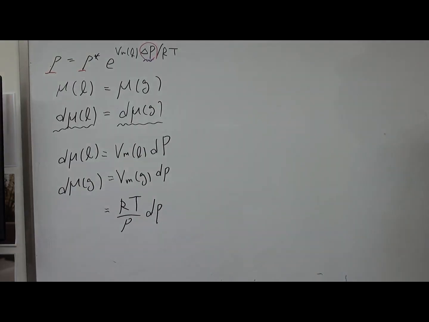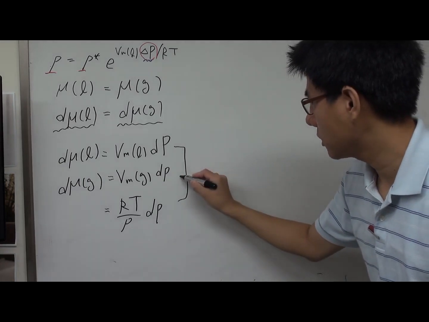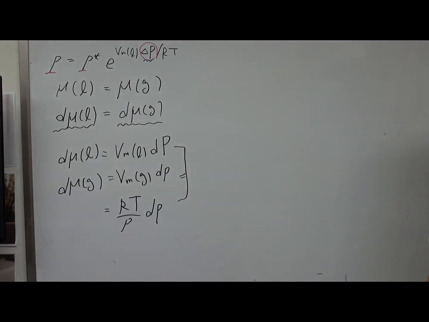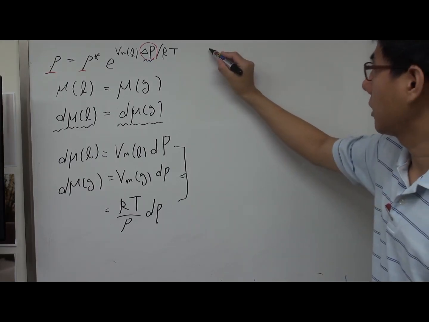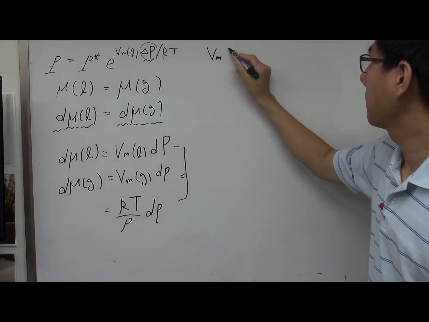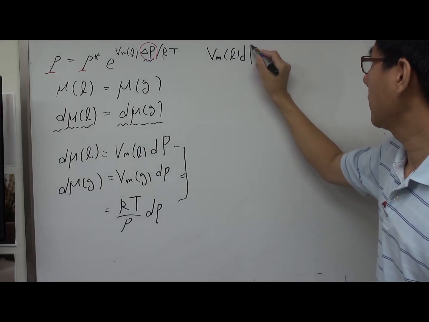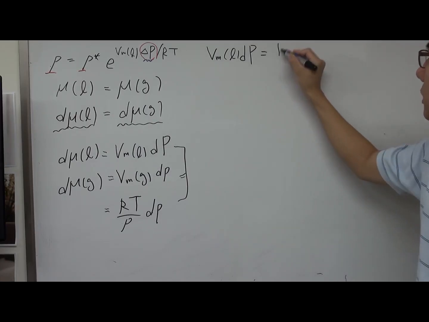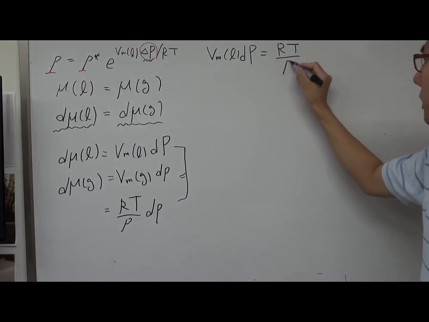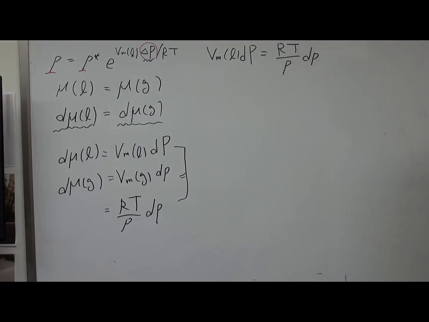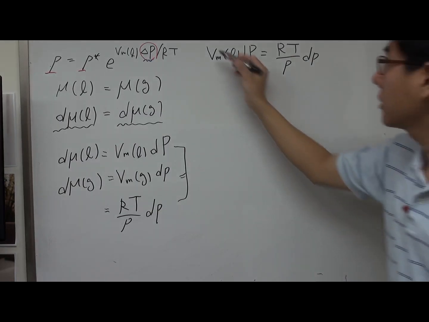Okay? So these two should be the same, right? Okay? So let's just write it down. Vm,L dP is equal to RT over p dp. Okay? Let's integrate, right? Let's integrate.